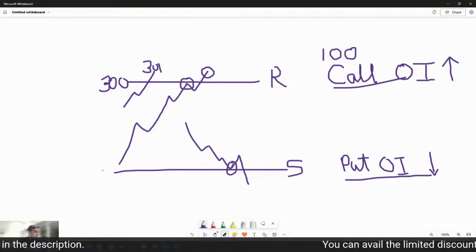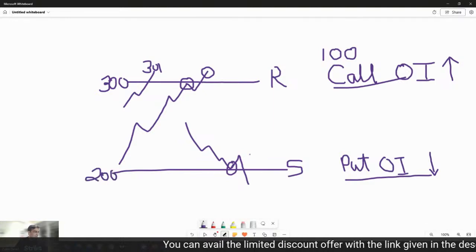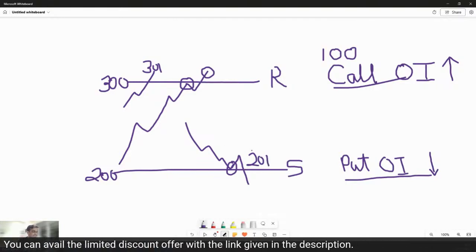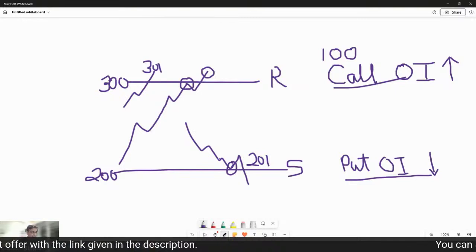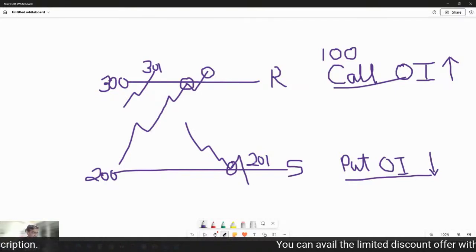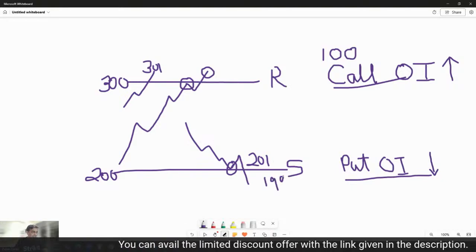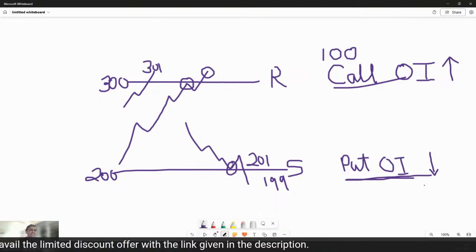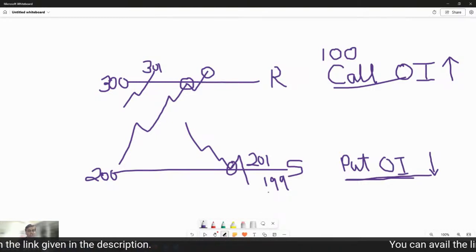If the support is at 200 and prices are at 201, then we will say that they are near support. And if price goes from 201 down to 199, assuming 200 is where the put OI is highest, then we will say that the stock is below the support.